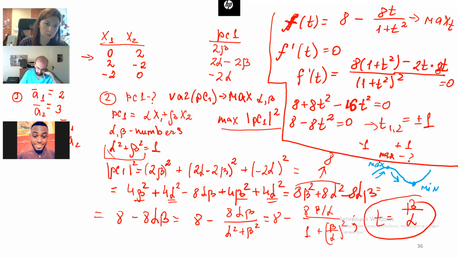So at the left, for values less than the maximum point, our derivative should be greater than 0. It means that the function grows. And for values greater than t1, our derivative should be less than 0. It means that after the maximum, the function goes down. So what do you think? What should we choose, -1 or +1?